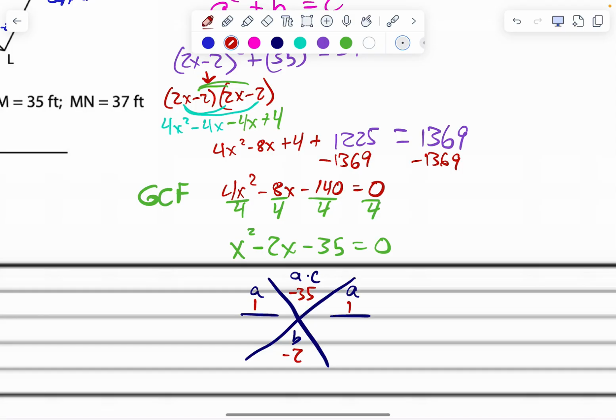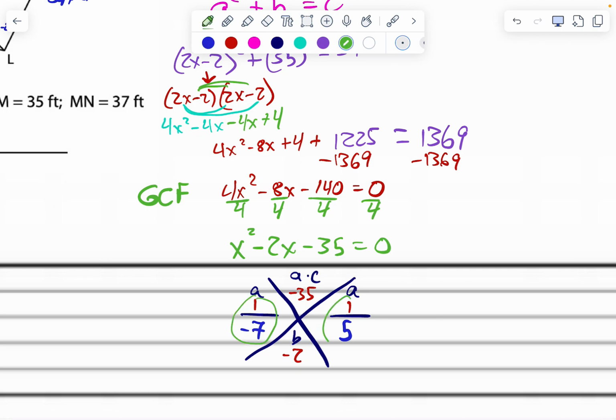Okay, are there numbers that multiply to make negative 35 that add up to negative 2? Numbers that multiply to 35. 7 and 5, good. And then in this case, we need negative 7 and positive 5 to make the negative 2. Okay, anything we can reduce here?